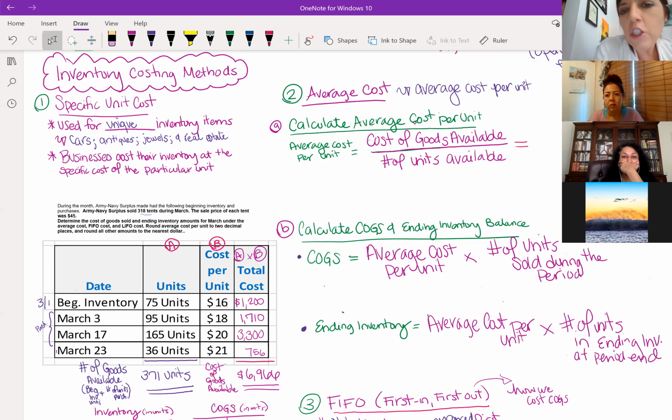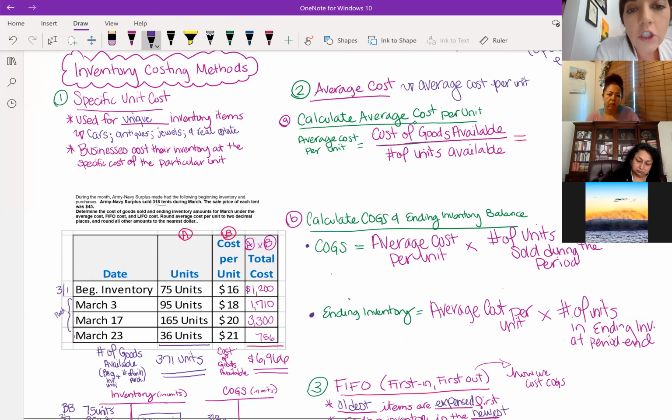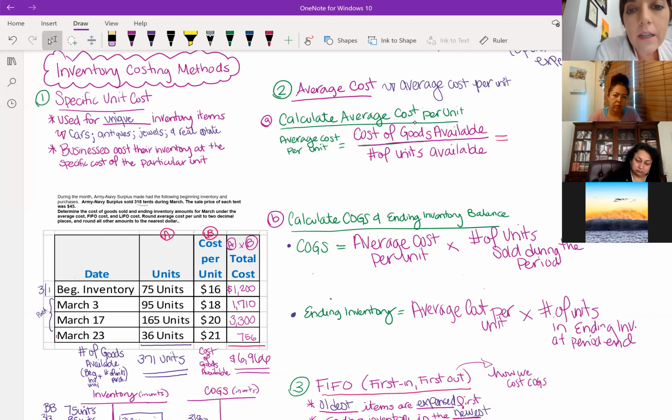So for average cost, we're going to first calculate an average cost per unit. And guess what? We've already calculated the two pieces that we need. Average cost per unit is calculated by taking the cost of goods available divided by the number of units available.